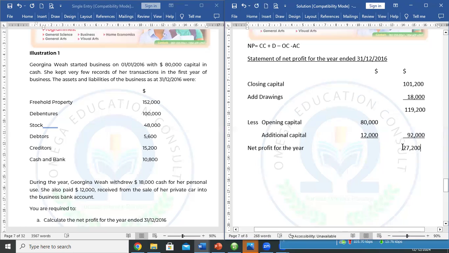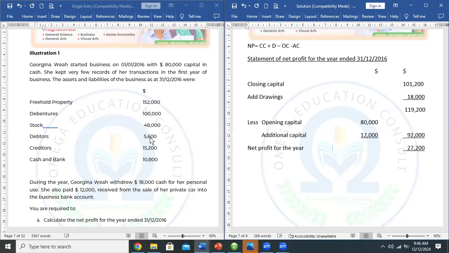Very simple. Do this for 15 marks in WASSCE. This was a WASSCE question, so you can imagine how cheap, or how easy, if I should use a less harsh word, it is for you to score your highest mark in accounting.